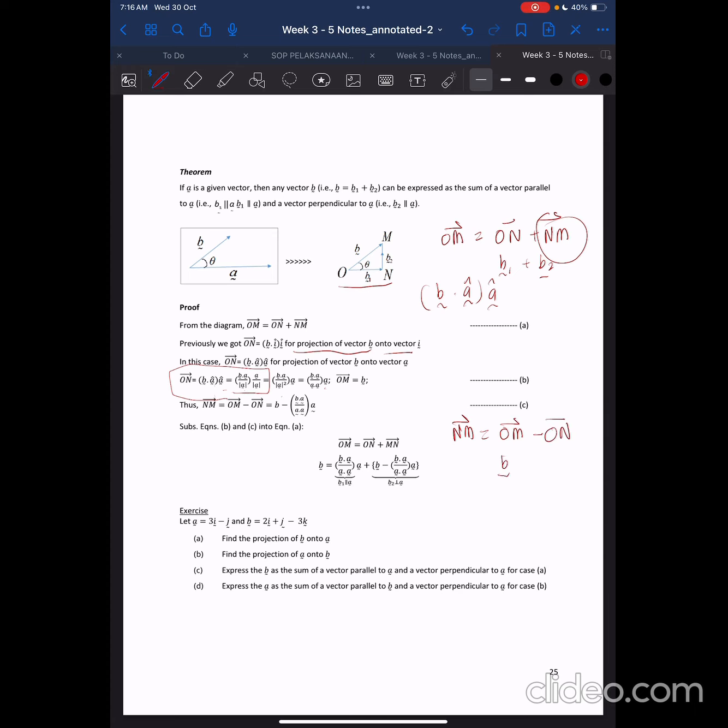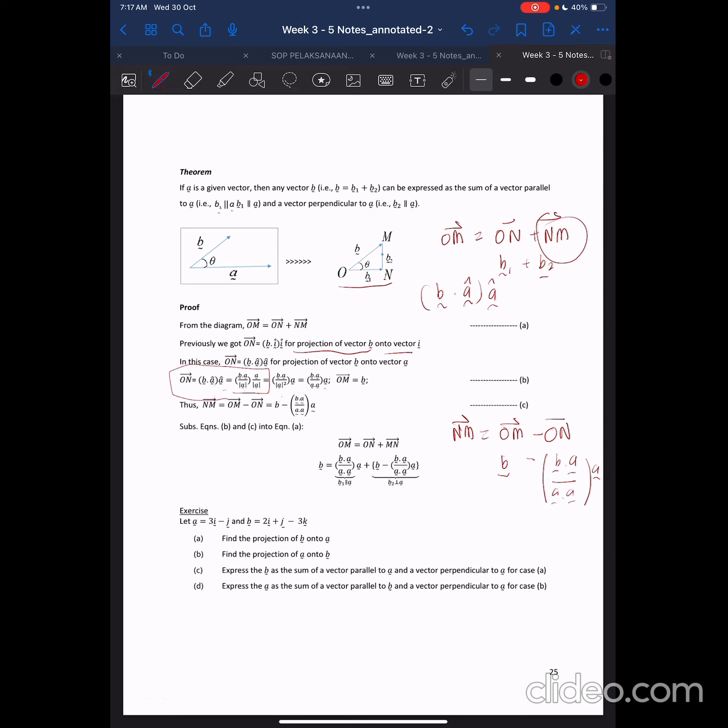OM just now is B, minus ON, this one, B dot A times A over the magnitude squared, in the direction of A. Okay, so this is NM.